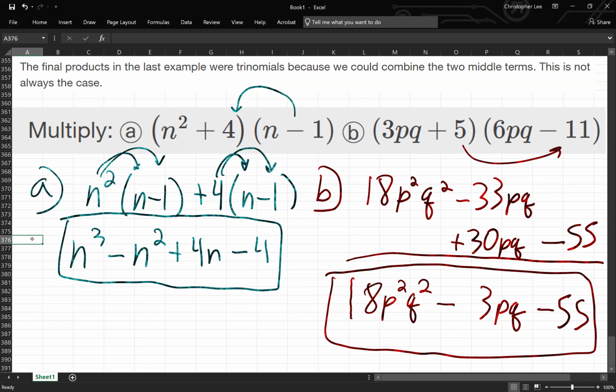How do you guys feel about this? Let me just check something. Yeah, that actually worked out. How disappointing. I wanted it to be 4 terms like the first one, but it is what it is.